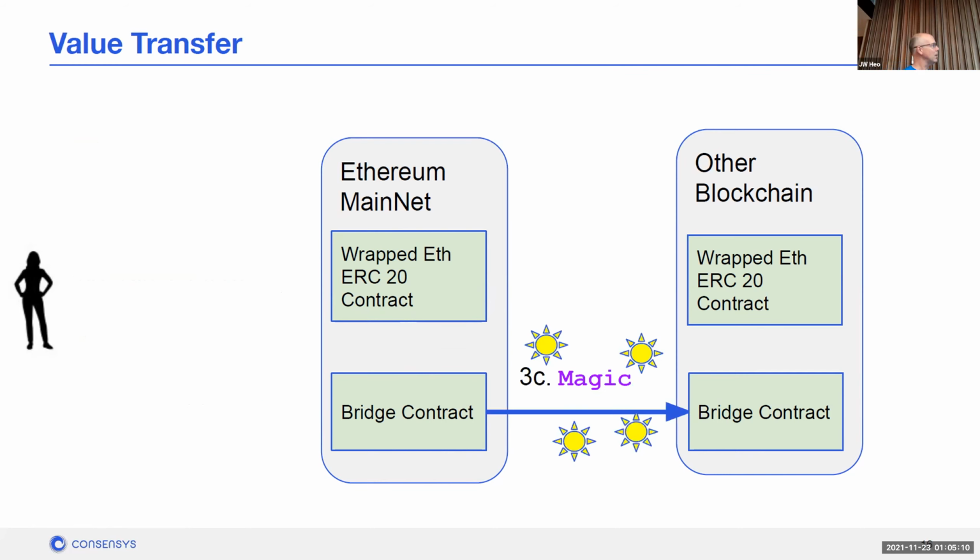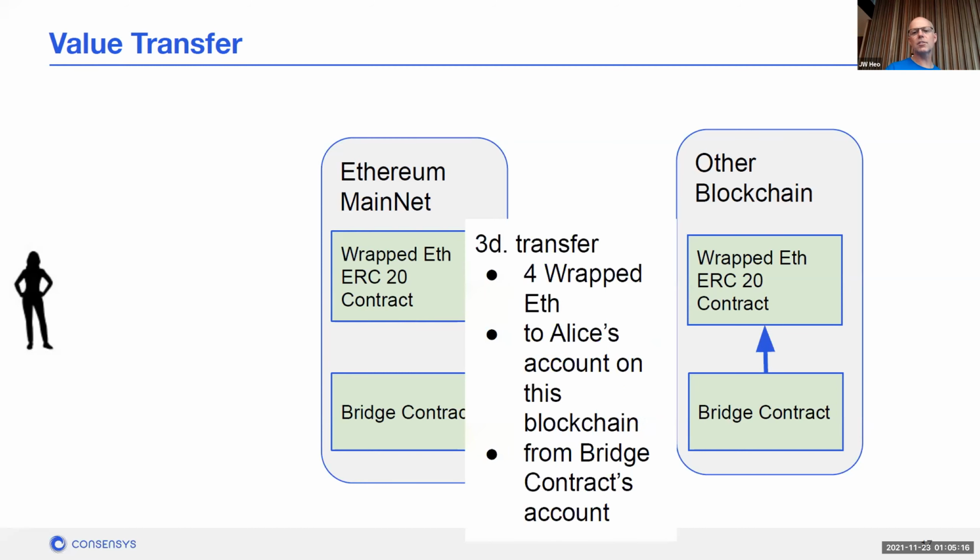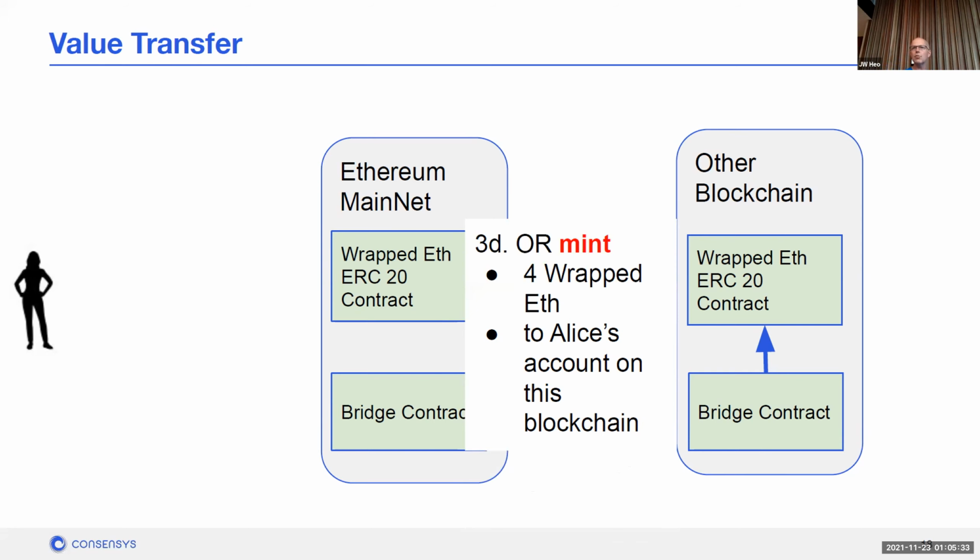And then by some magic protocol, which we're going to talk about, you get that communication across. And then you do the actual transfer from the bridge contract to your account that you specified on the target blockchain. And so that's how you could do a value transfer. And of course, you could do a transfer, but you could also mint it.